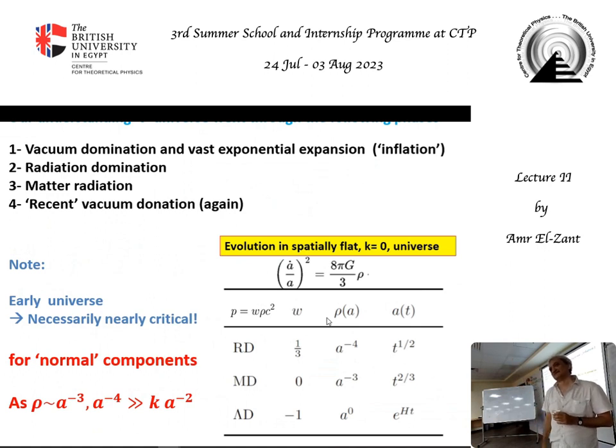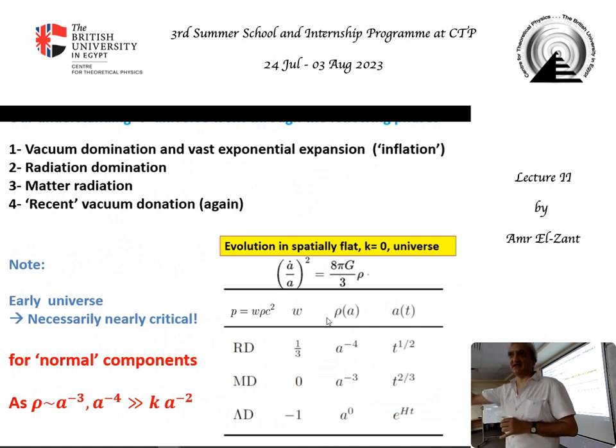The others will inflate away. There will be a horizon, a de Sitter horizon, connected to H, which is connected to the cosmological constant. So some galaxies will still be there, but a lot of it will inflate away. Okay, any questions? No questions?